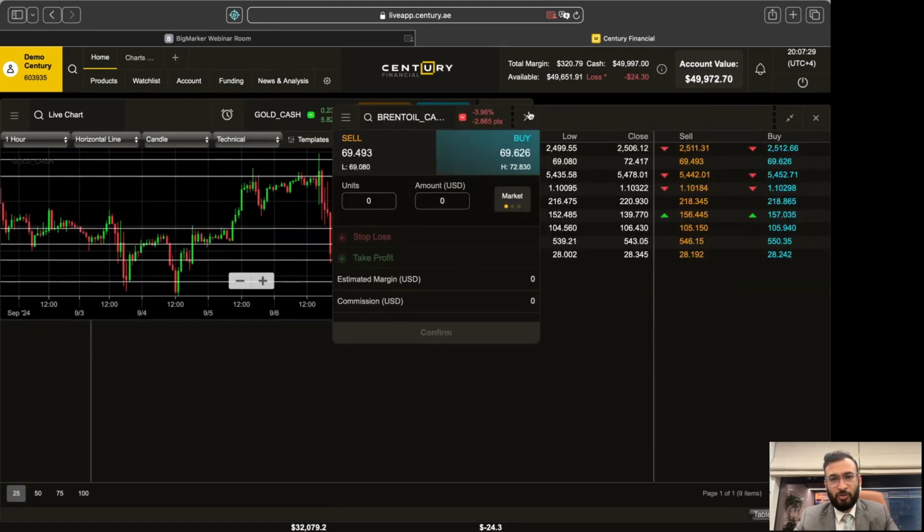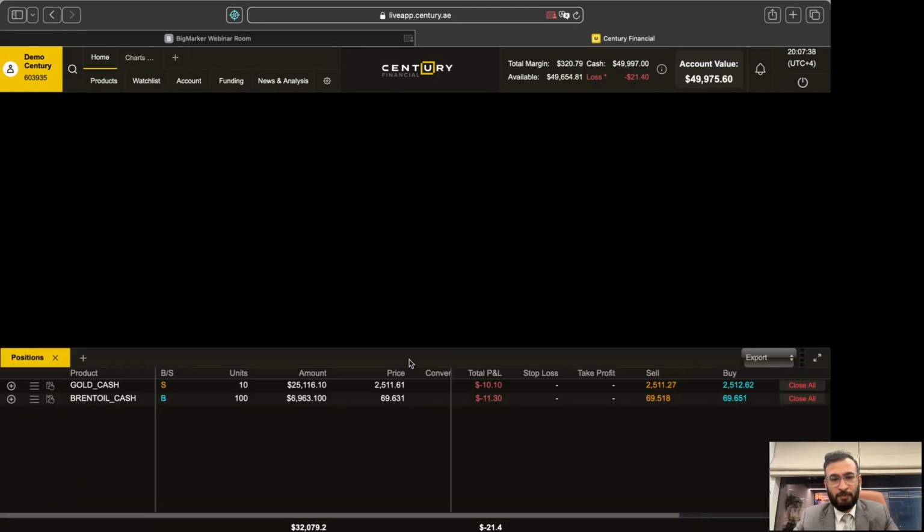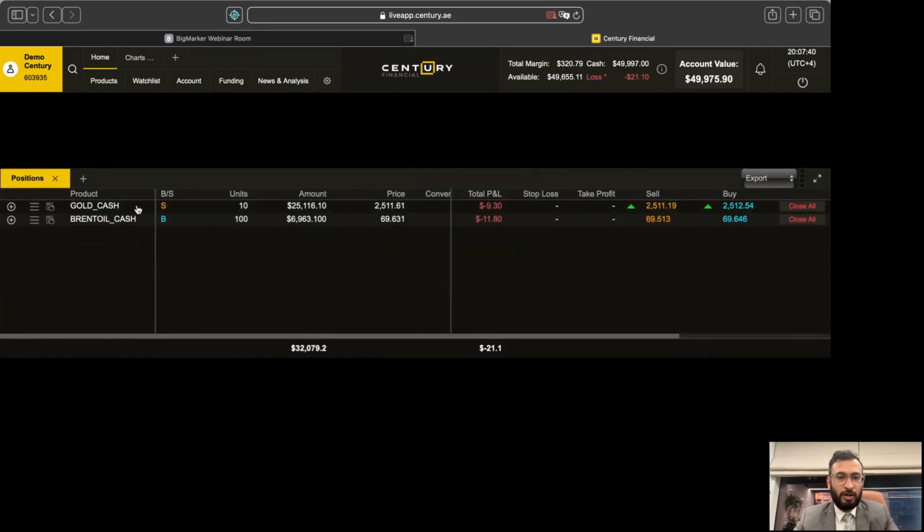Click on close, close, close, and go to our positions, right? So I'm short on gold right now. I've bought oil, but again, the only reason to buy oil today is it has already fallen 4%.